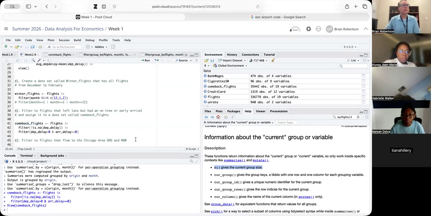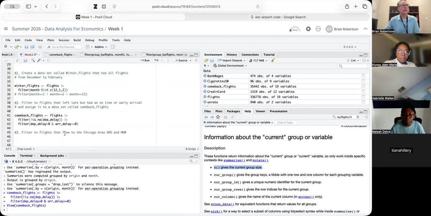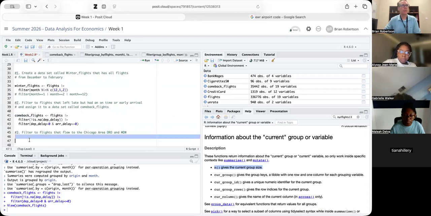And let's go ahead and do this last one. Filter flights that flew to the Chicago area, ORD and MDW. And so Midway Field and Chicago O'Hare Airport. Do the same thing here. I'm going to call this one Chicago flights.